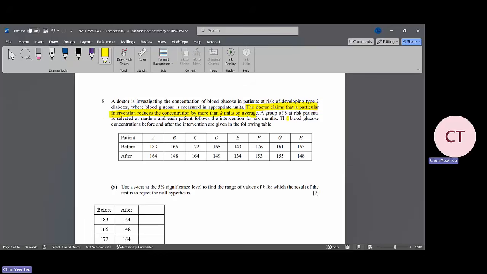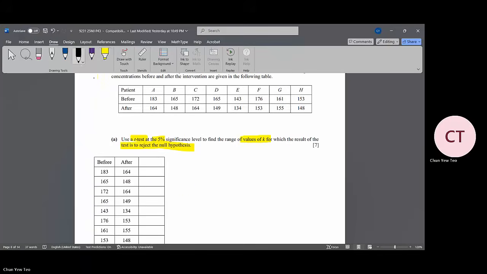A group of 8 at-risk patients is selected at random and each patient follows the intervention for 6 months. The blood glucose concentrations before and after the intervention are given in the following table. Use a t-test at 5% significance level to find the range of the value K for which the result of the test is to reject the null hypothesis.